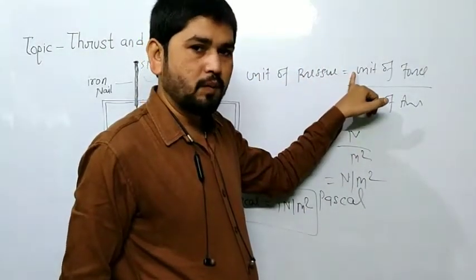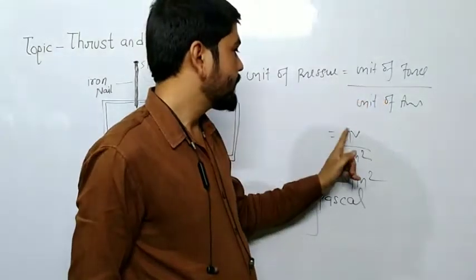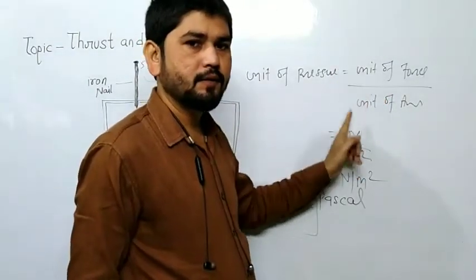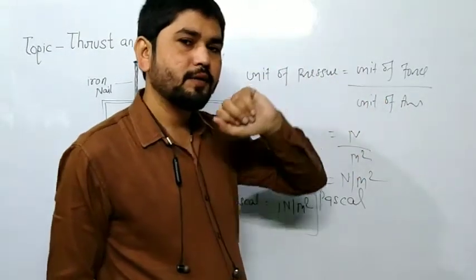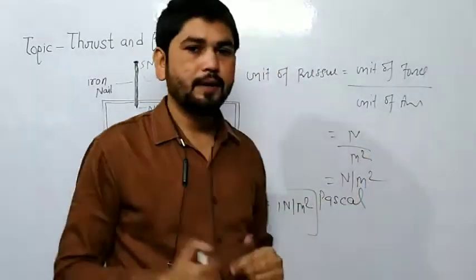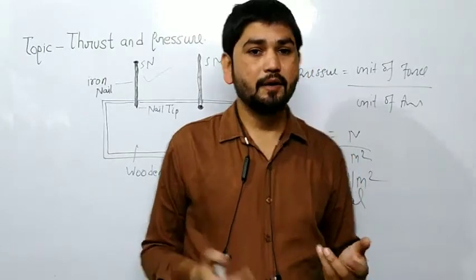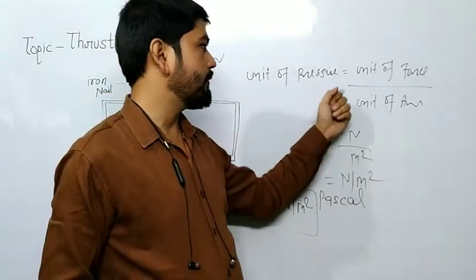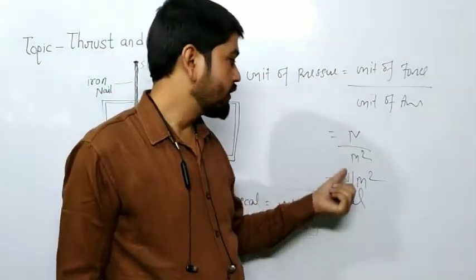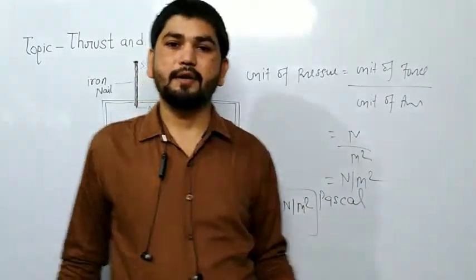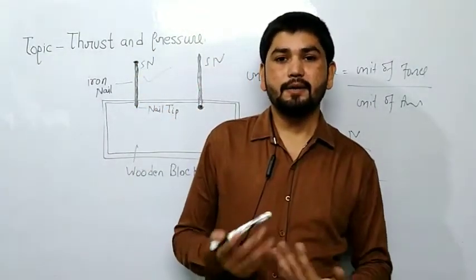The unit of force in the CGS system is not Newton, it is dyne. So the unit of pressure is dyne per centimeter square.